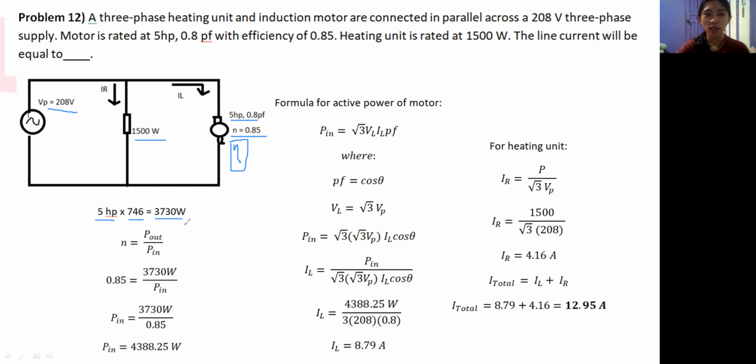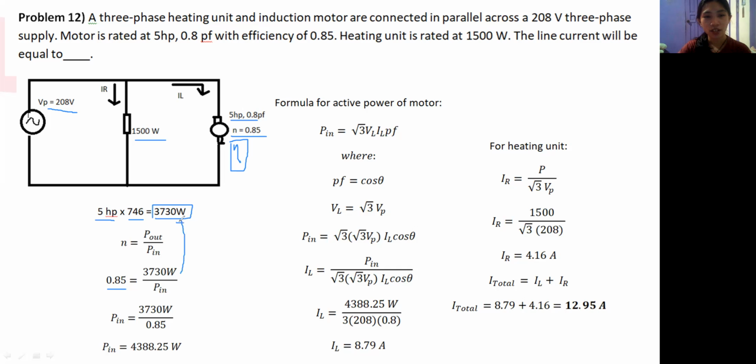Then we'll have 3,730 watts. Take note that the formula for the efficiency is just equal to the power out all over the power in. We have the value of our efficiency, which is 0.85, and the power out is equal to 3,730 watts.